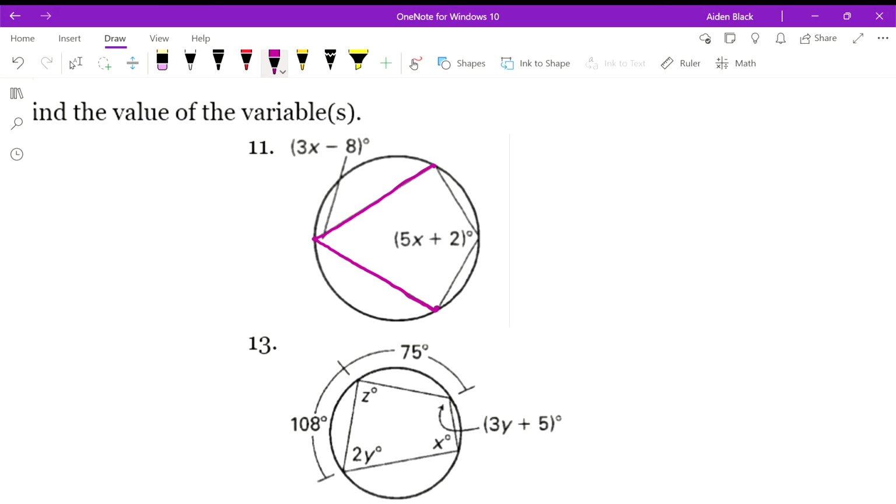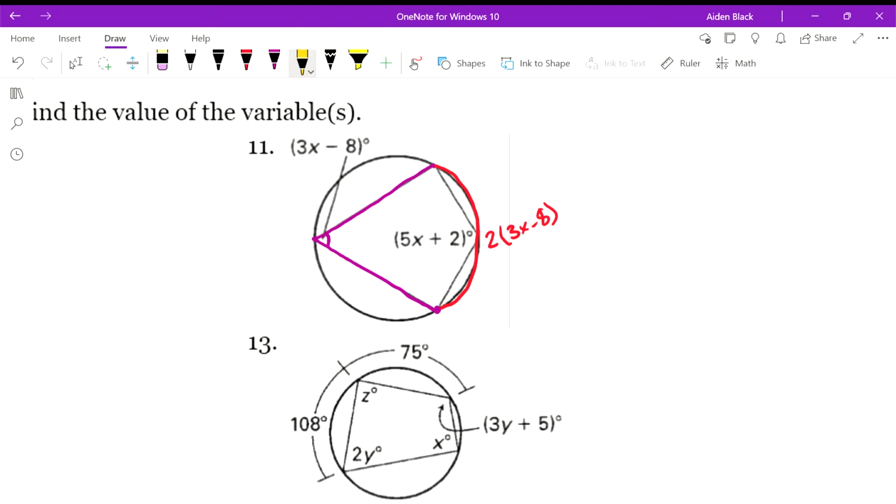Notice that with this angle here, we have, I'll use red for the arc. Here's the intercepted arc, and we know that that is 2 times 3x minus 8, which is the inscribed angle that intercepts that arc.